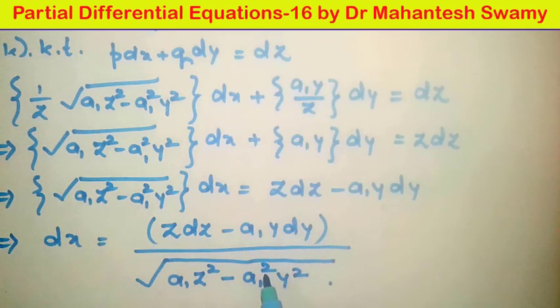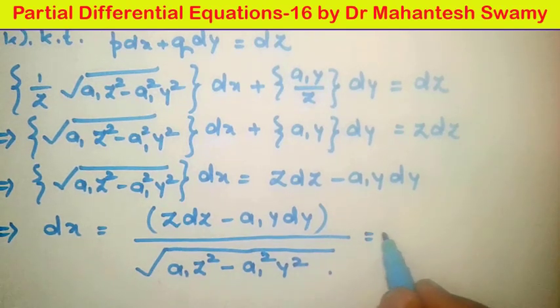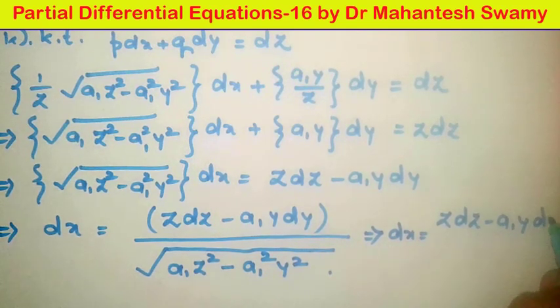So what we are observing over here in the numerator, if we take root a1 as a common factor, now see, we shall do one more thing over here, that is implying dx equals to z dz minus a1 into y dy as it is, divided by square root of a1.